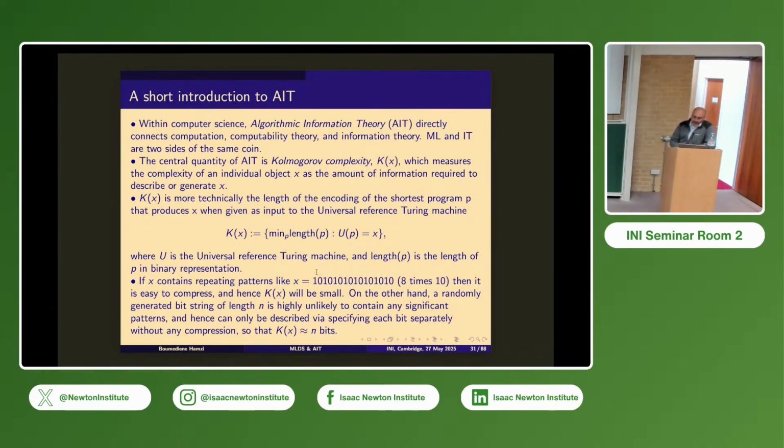But if the sequence is random, then it will be hard to generate a program that does the same. So if we have a sequence of 16 elements that are totally random, then the Kolmogorov complexity will be approximately equal to n bits. That's essentially what Kolmogorov complexity is.